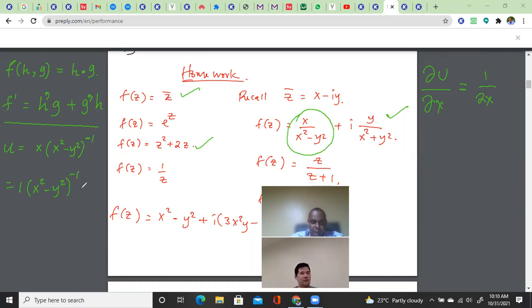And then you add, keep the first function x, but find the derivative of the second function, which is -1 times (x squared minus y squared) to the power of -2 multiplied by 2x. Now there I used the chain rule.